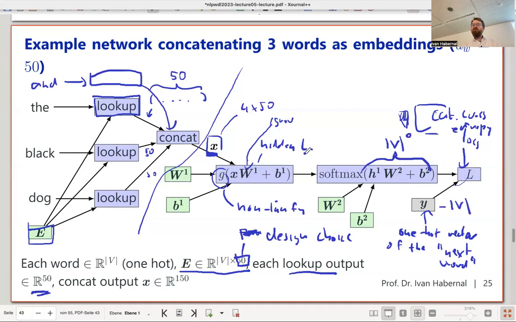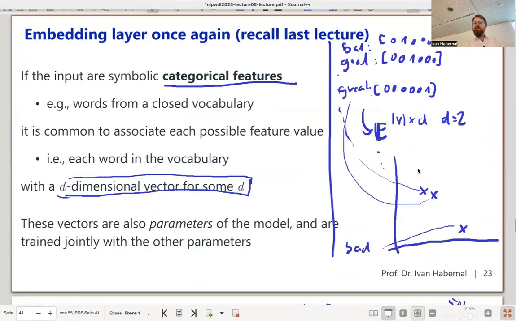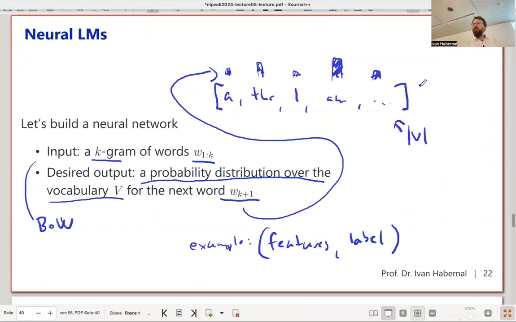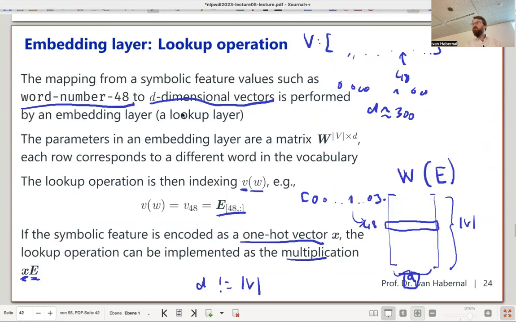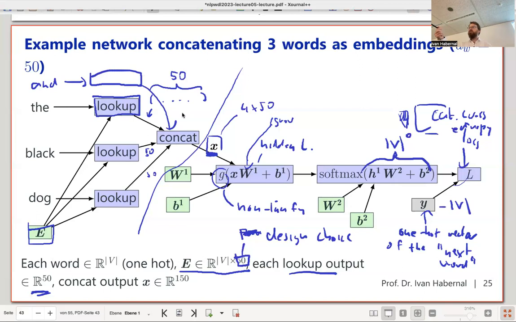You don't care about the hidden layer, it could be anything. But here the output has to be again the size of the vocabulary, because you're predicting the probability distribution over the whole vocabulary. So this is the output of the network and has to match your size of the vocabulary. It's a good point. Does that answer your question?